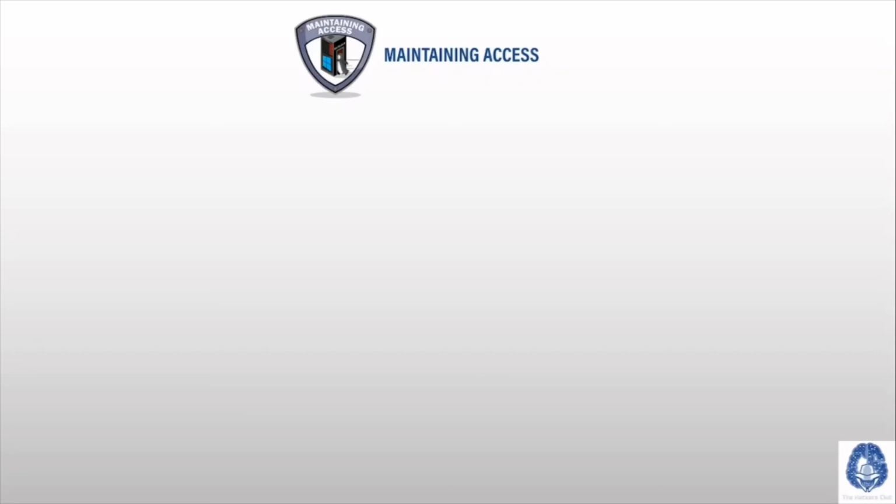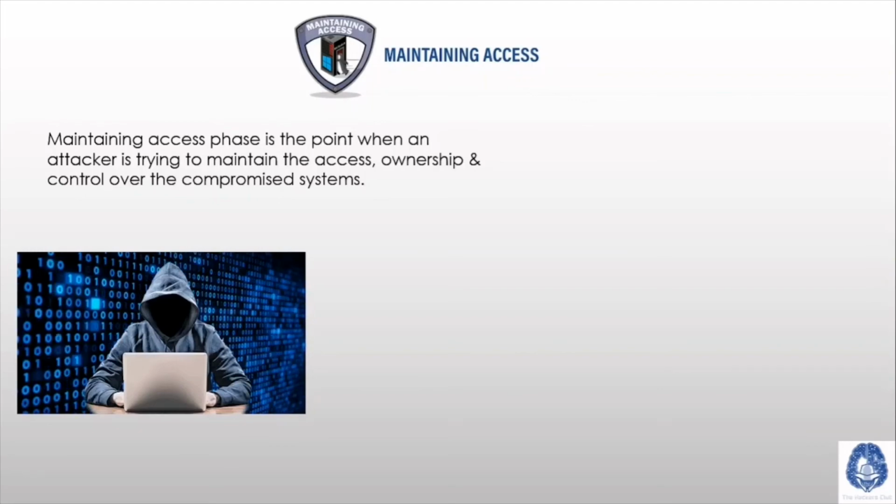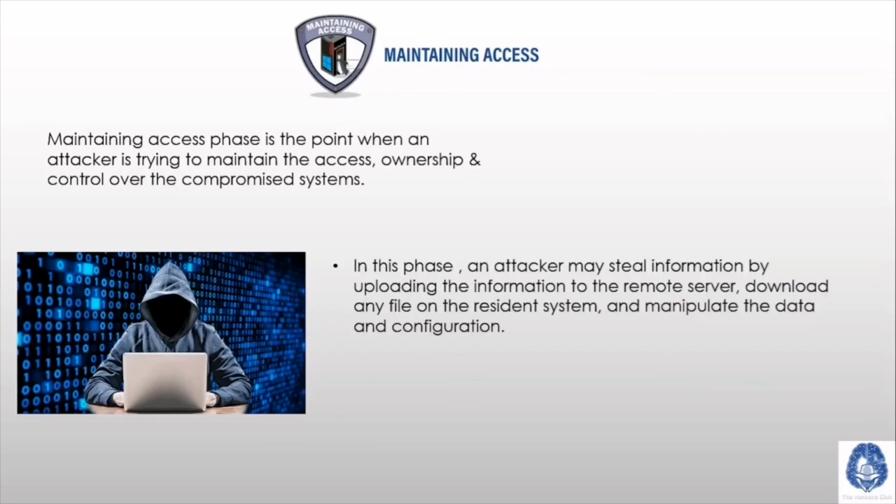So the next phase is maintaining access. The ethical hacker has to maintain his access to the server until he fulfills his goal. Once the ethical hacker is able to bypass the OTP of the web application, this method will be taught in the upcoming demo sessions. When he has bypassed the OTP, he can have full access over the account of the victim, where he can modify the account details, add malicious files, steal the cookies.